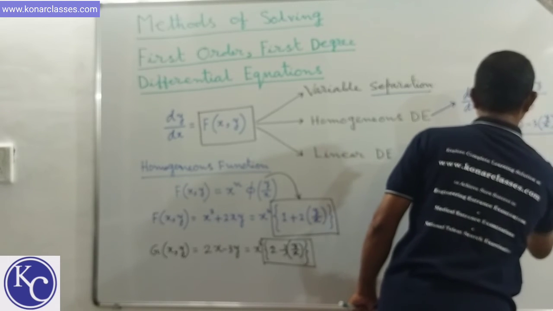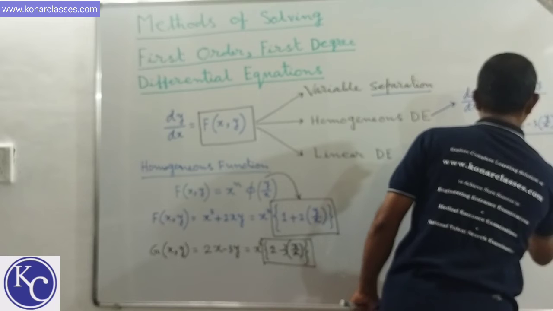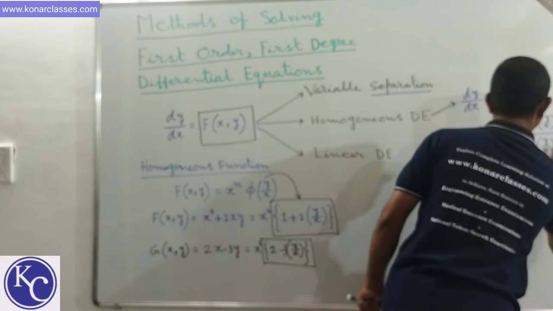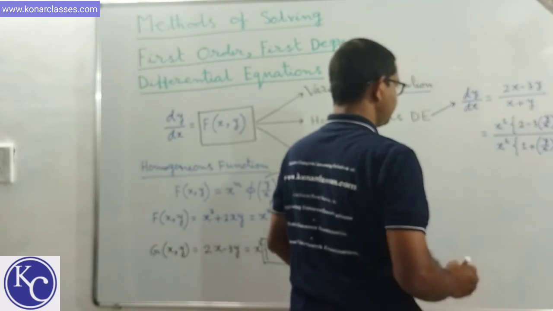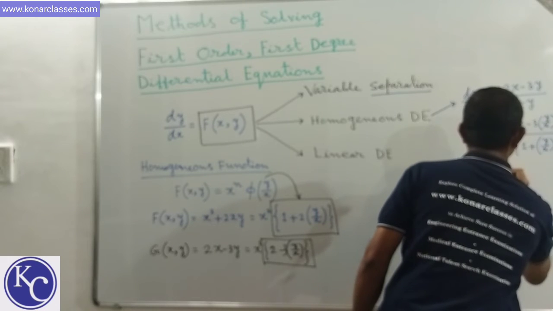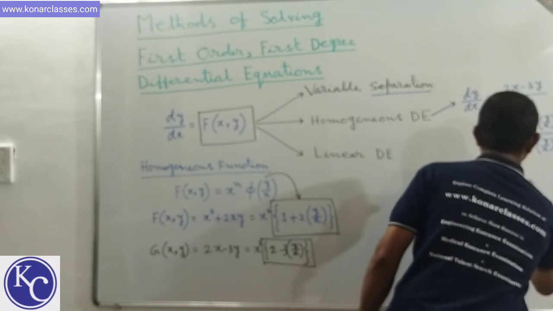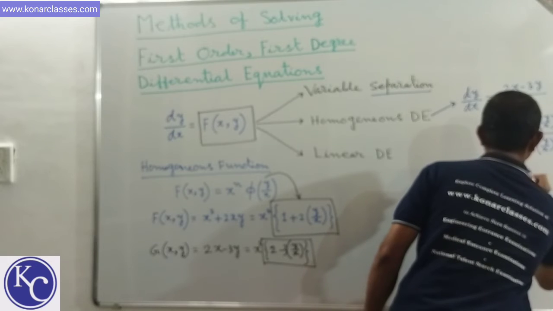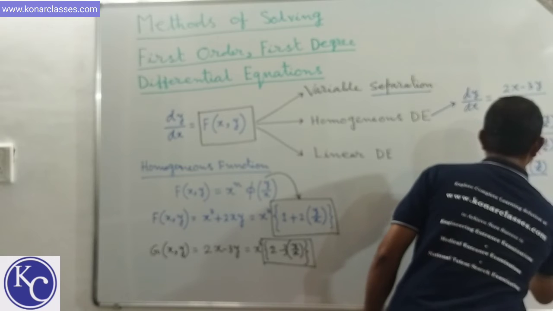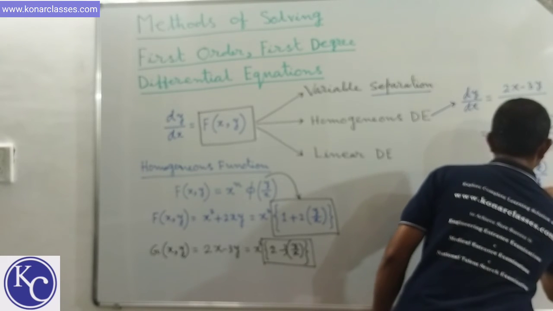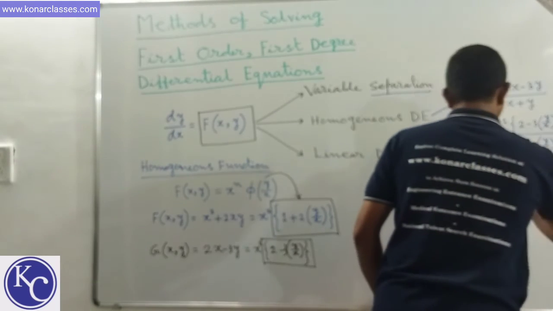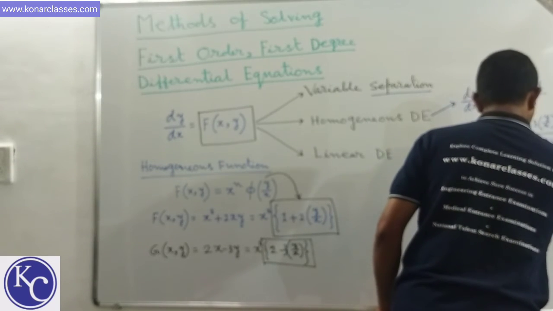In the denominator also we can take x power 1 common, and we get 1 plus y by x. So now this x power 1 gets cancelled. What we land up with is x to the power 0 into (2 minus 3 into y by x) divided by (1 plus y by x).